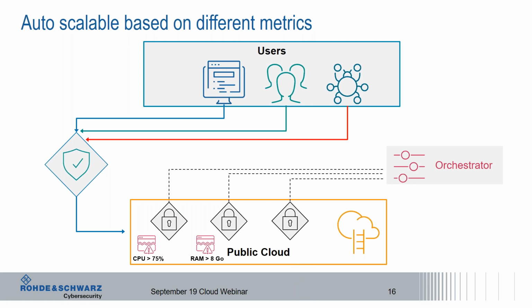Then when we have scaled up, you need to scale down. For example, when the peak of traffic is finished, we are also able to detect that the CPU or RAM usage is okay on these 3 machines. Then we will remove 1, remove 2, and go back to the initial scenario in order to handle the classical traffic.